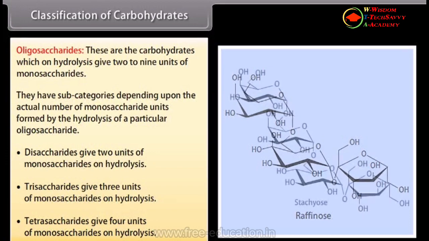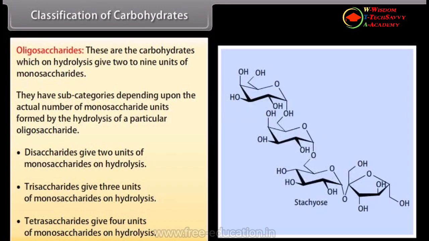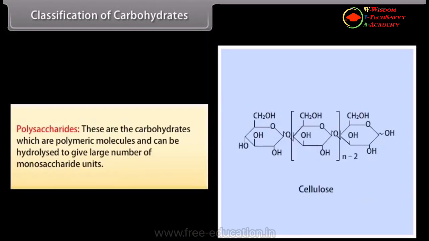For example, stachyose. Polysaccharides. These are the carbohydrates which are polymeric molecules and can be hydrolyzed to give a large number of monosaccharide units. For example, starch, glycogen and cellulose.